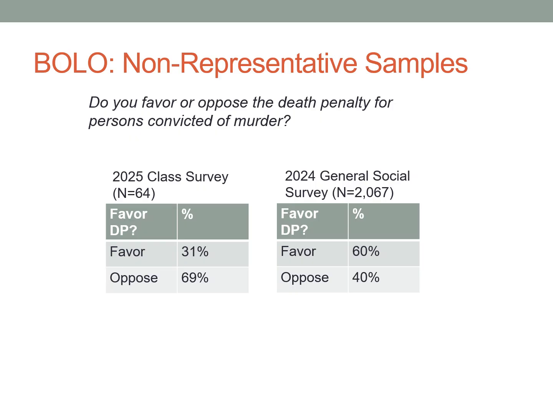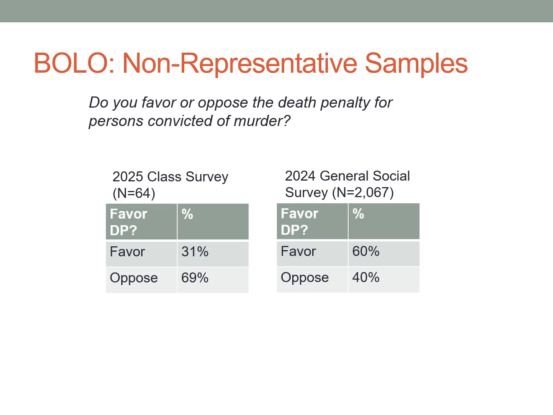So there are these various characteristics that tend to be associated with attitudes about the death penalty, and because our sample doesn't have a fully representative panel of people, we miss out on the views of the people who tend to have more positive views towards the death penalty. So in other words, our class survey gives us a sample that is not representative of the overall population and results in a conclusion that would be wrong if we were trying to understand death penalty attitudes overall.